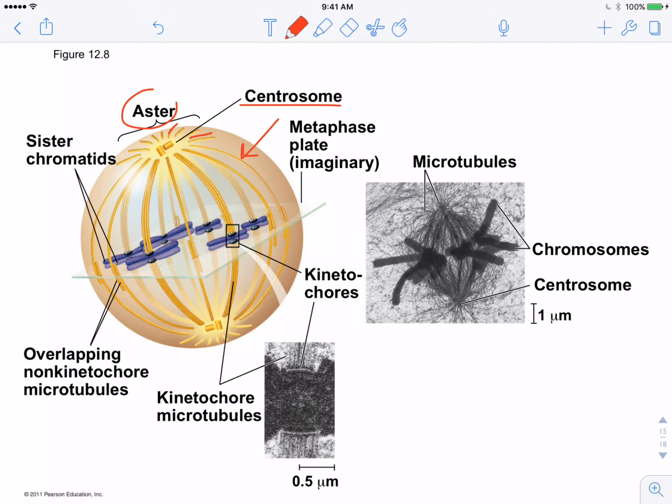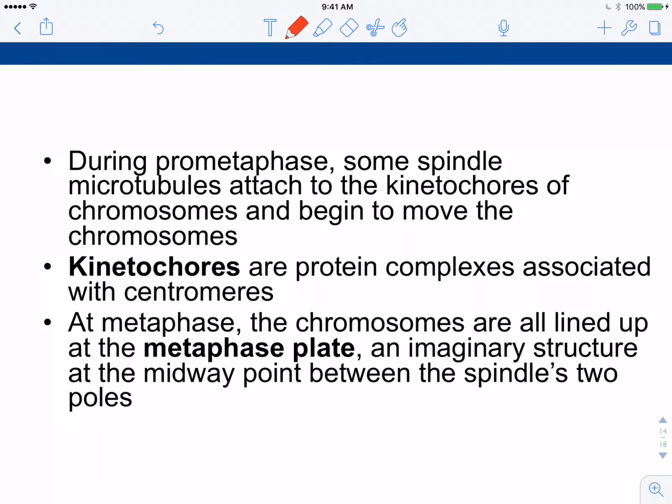Okay, the last thing I want to talk about here is how the microtubules attach to the chromosomes. And they attach at structures called kinetochores.